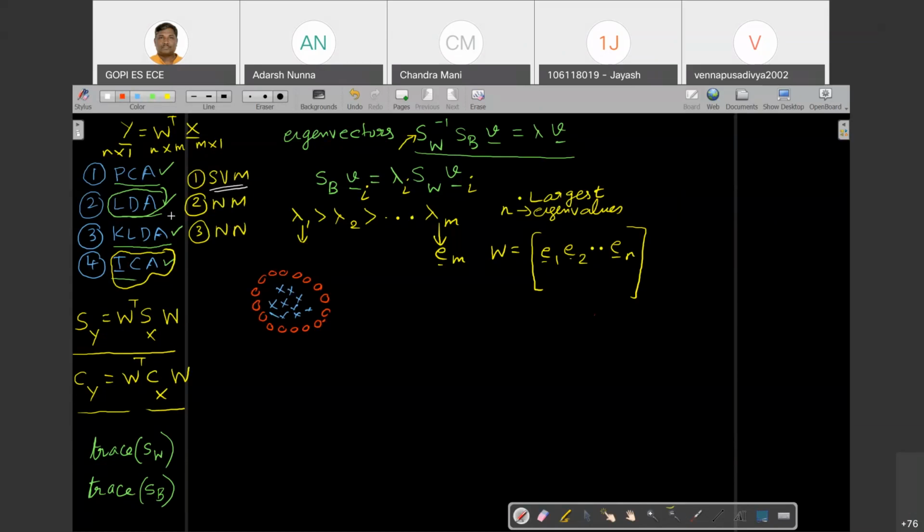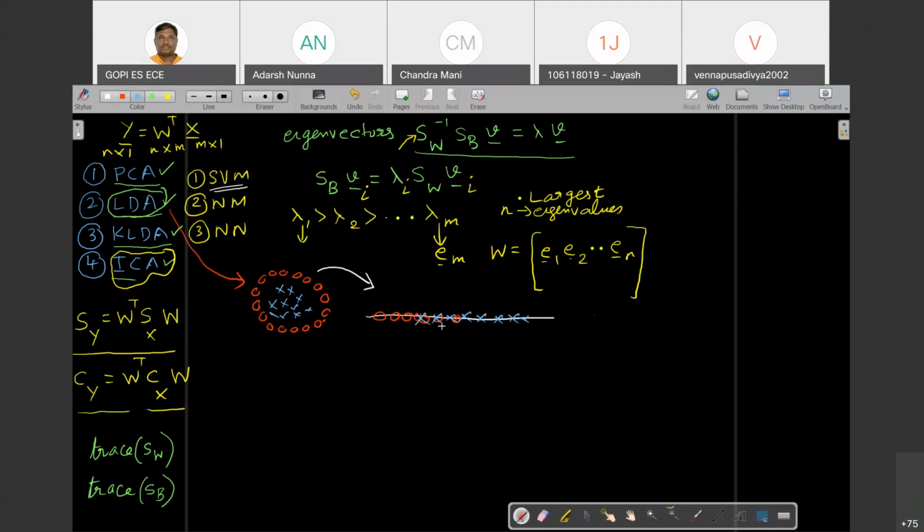If I apply this raw LDA also, with this objective, after projection we cannot expect a good result. Just like PCA fails here, even after using LDA you will not get a very good separation. This is the projection from 2D to 1D. In this case, the vectors get overlapped after projection. You will not get a very good separation, right?